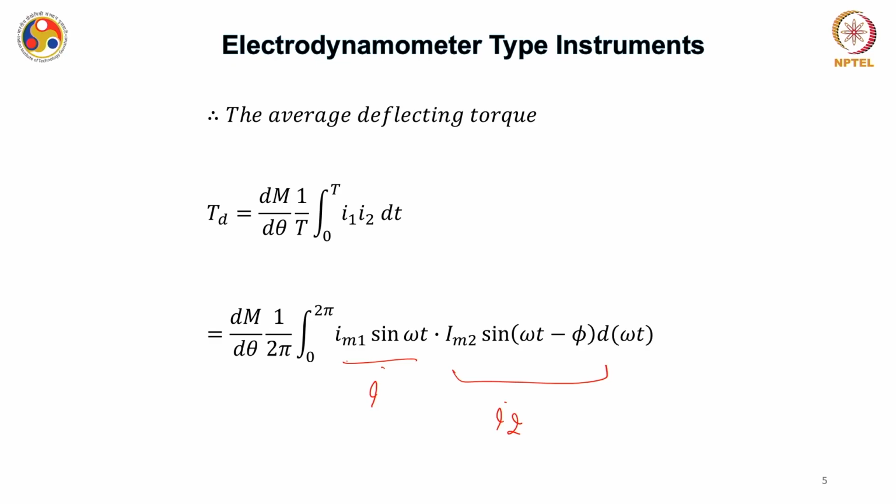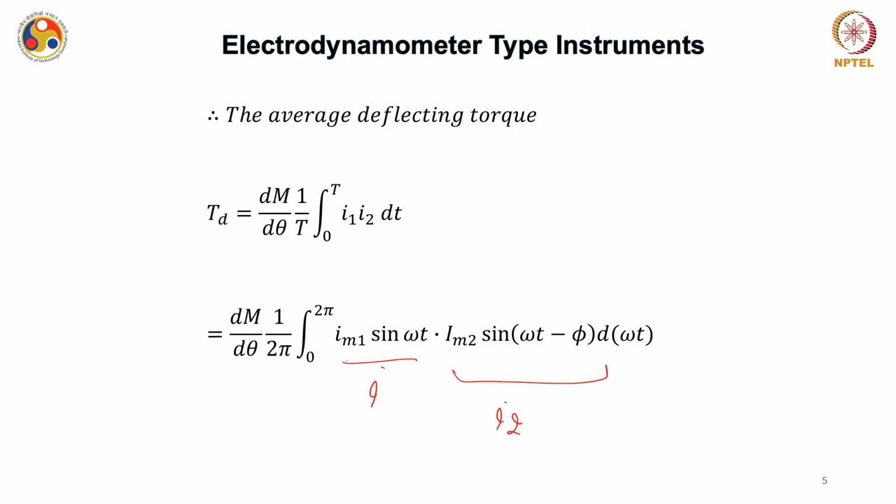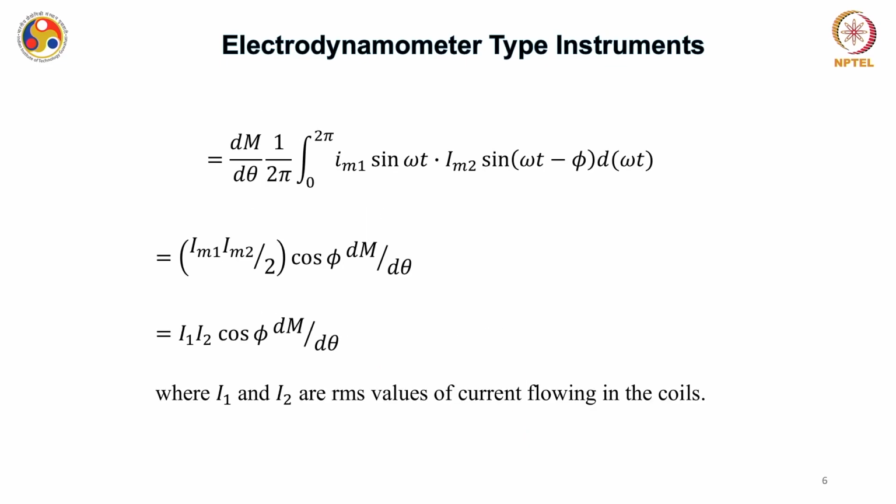This is the average deflecting torque. On simplifying and integrating, I get Im1 into Im2 by 2 into cos phi into dM by d theta. This is what we got after solving.